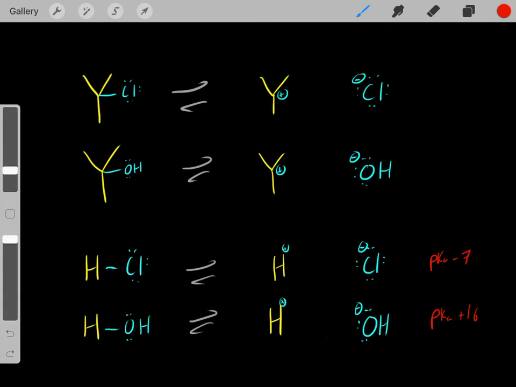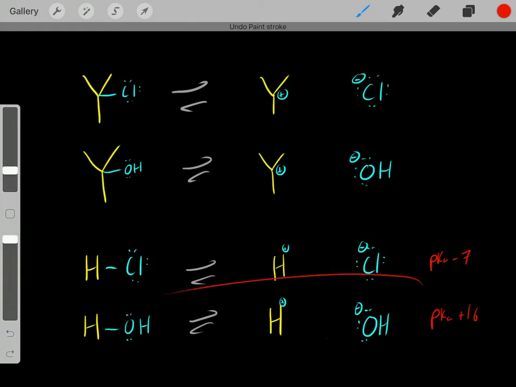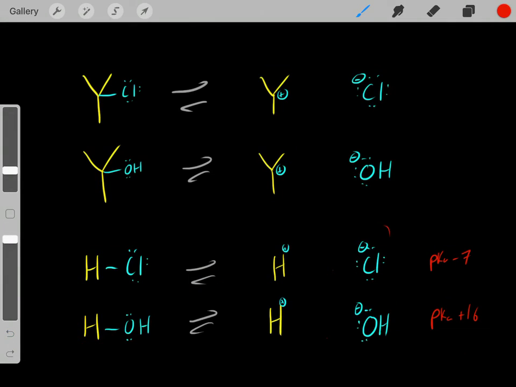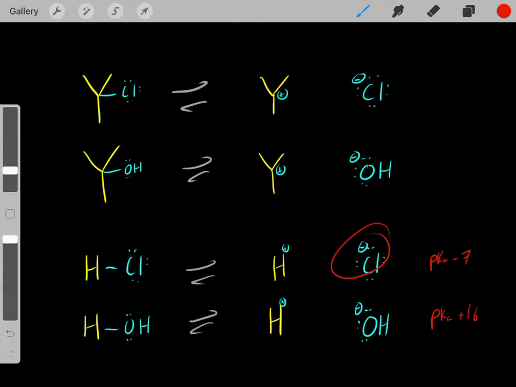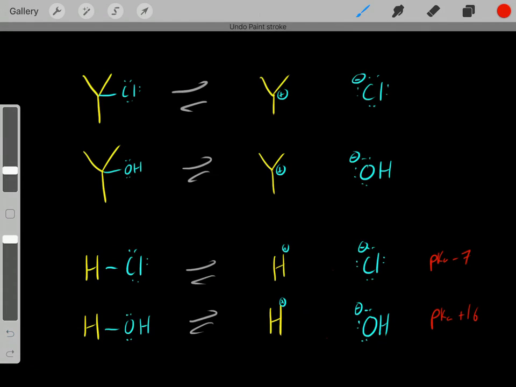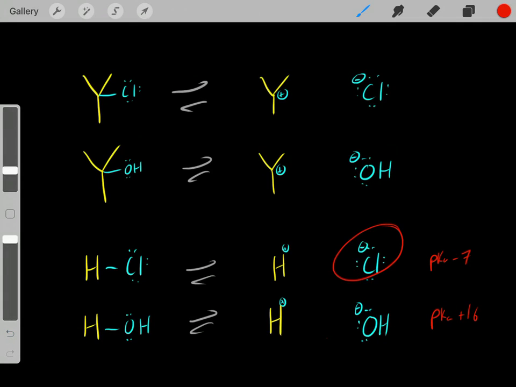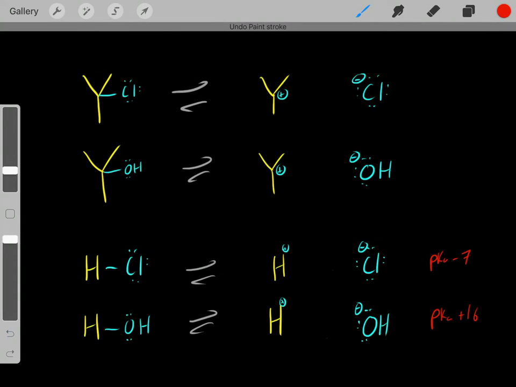So now we know, based on these pKa's, hydrochloric acid is a stronger acid than water. Why? Because chloride is a more stable conjugate base than hydroxide. So therefore, we know chloride is a better leaving group than hydroxide, because it's a more stable conjugate base. So chloride is a more stable leaving group than hydroxide, and therefore this is more likely than this.